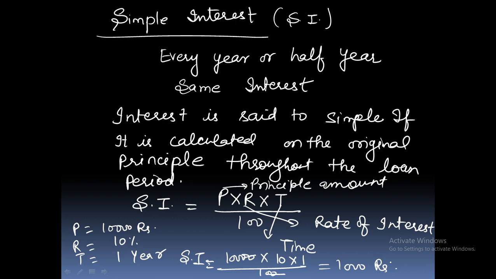Who gives the money to any needy person, that person is known as the lender, and the needy person who needs that money is known as the borrower. Who borrows the money from the lender is known as a borrower.